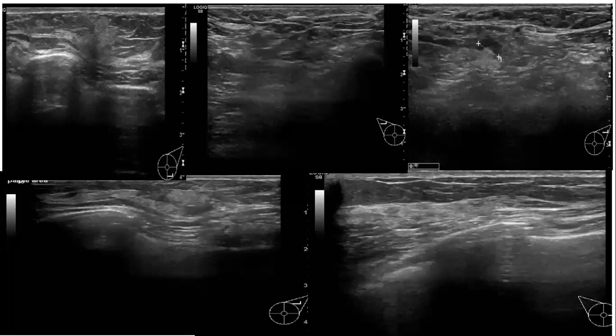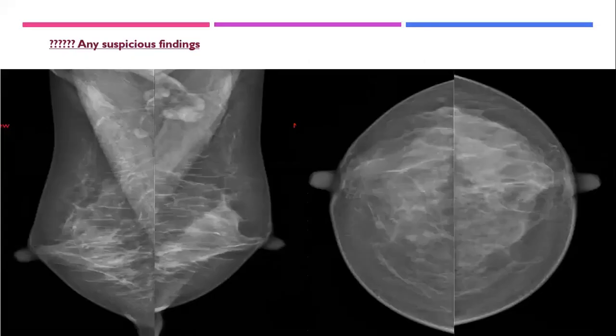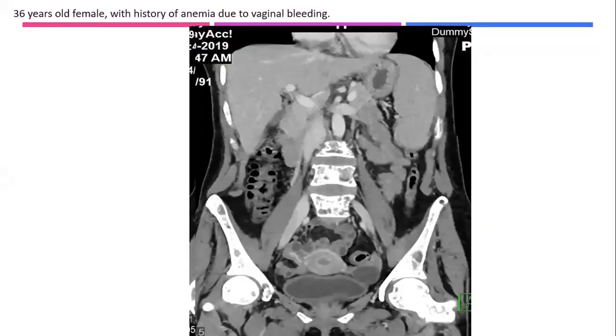Can you see any abnormality on the ultrasound? Okay, I start by this, you see. Actually, this patient did not start with mammography or ultrasound.